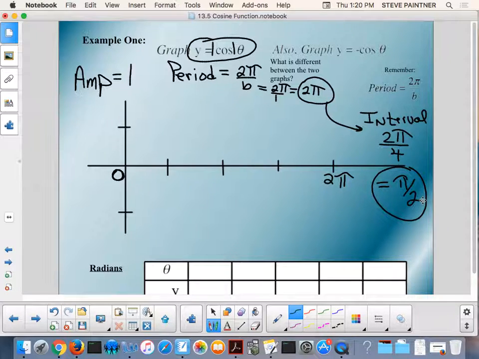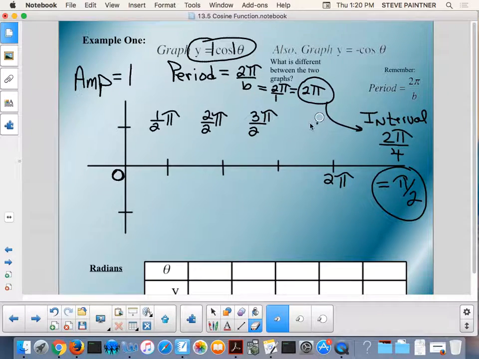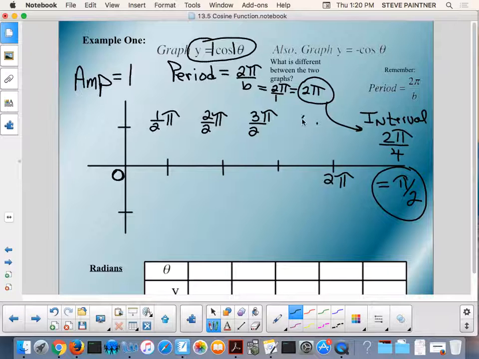Now, this is 0. The first interval is half a pi. Second interval is 2/2 pi. Third interval is 3/2 pi. And the last interval is 4 halves pi.